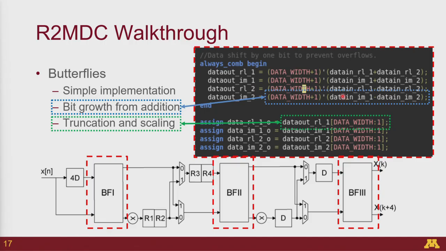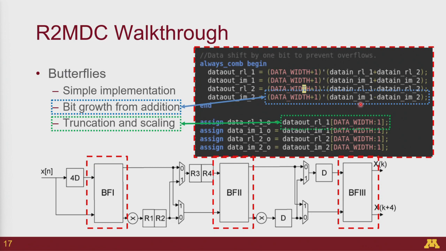But since we want to keep a fixed precision for all the stages, in this set of lines we keep the MSB D bits. By using this code, we ignore the LSB of the result. That way we have both truncated 1 bit and scaled it.